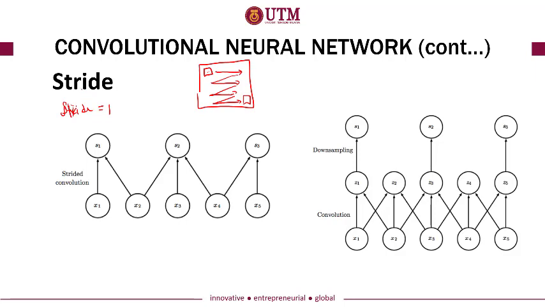But in this class, in CNN, you can change the stride number. It's not just 1, you can have 2, you can have 3, and so on. So why we need to increase the stride to more than 1 is that this automatically makes your convolution also act like a subsampling operation inside the convolution layer.